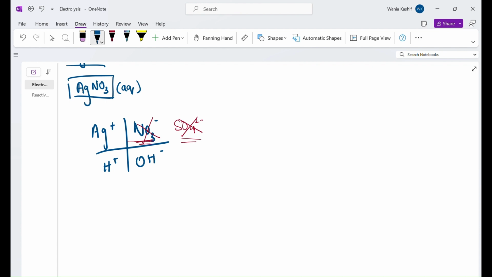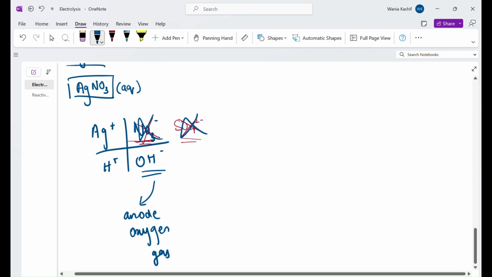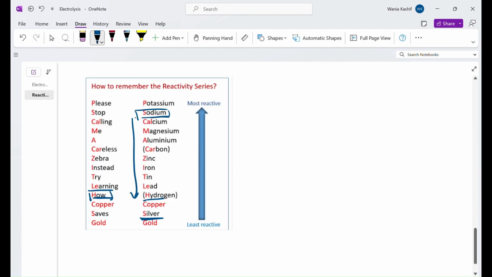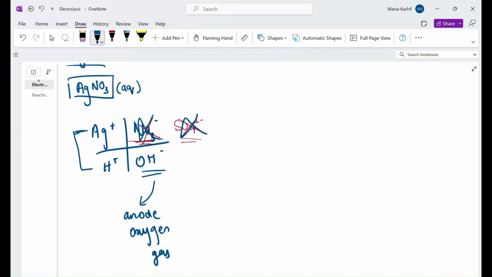So, since this is gone immediately, you have hydroxide go forward to anode, making oxygen gas. And over here, silver is less reactive than hydrogen. Here you can see silver, and this is hydrogen. Silver is less reactive. Silver will go forward to cathode, and the silver metal is formed.